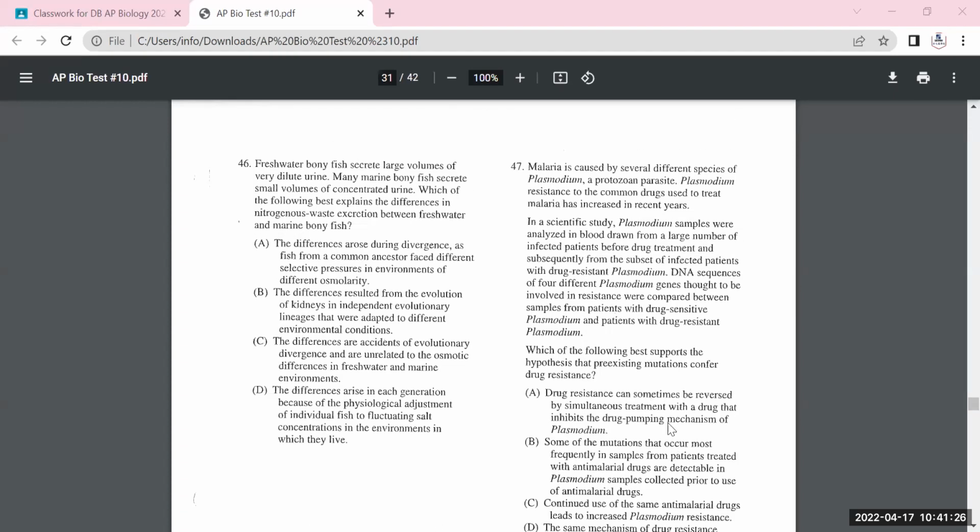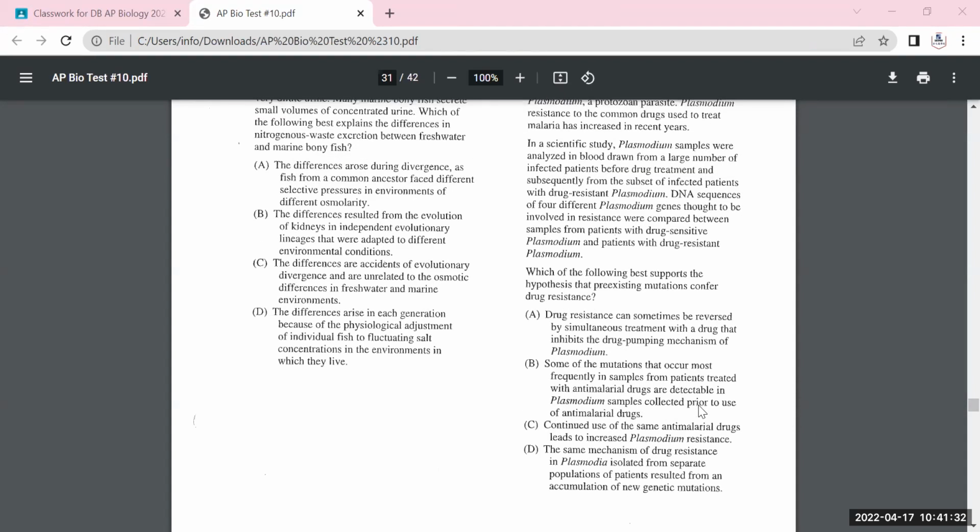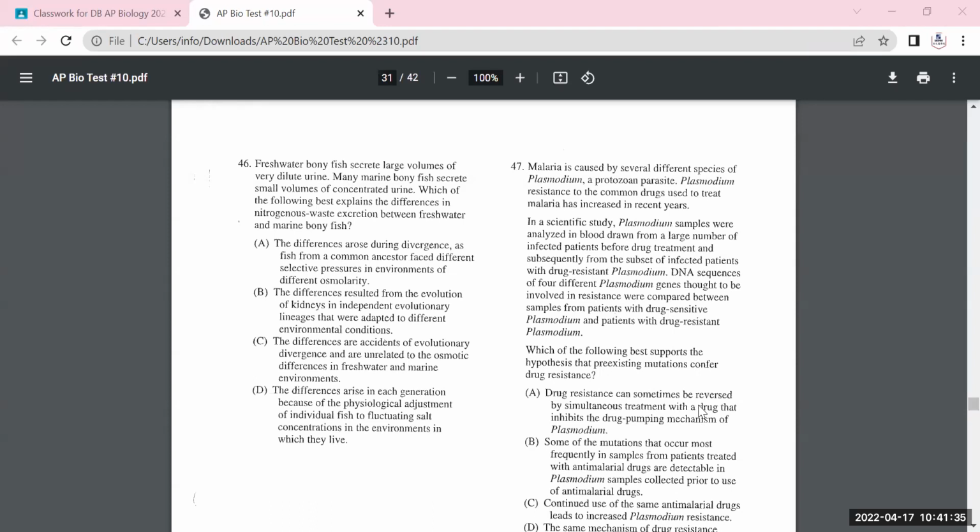Okay, so what do they say here, right? Basically for 47, how can pre-existing mutations confer drug resistance, right? Again, if you look here, right?